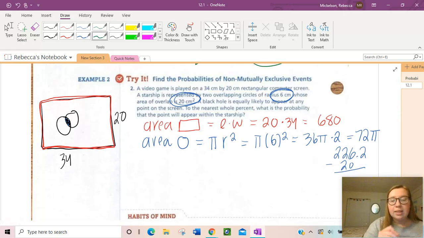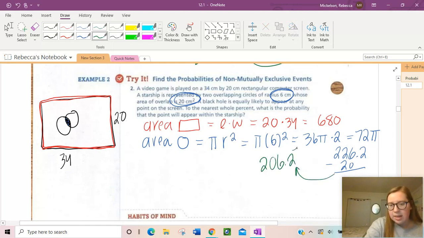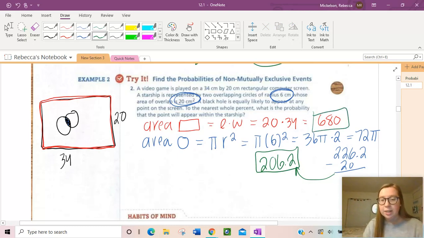And we would get the area of our circles, or our starship, is going to be 206.2. Oh no, I ran out of room. 206.2 centimeters squared. Our whole area is 680.